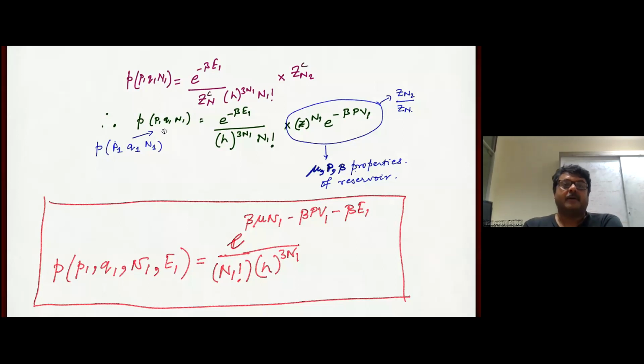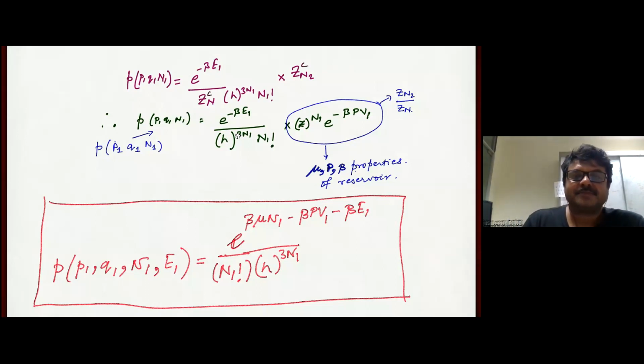With this, what we started out with is the probability that the system is in a particular microstate with P1, Q1, and N1 and energy E1, and that's e to the minus beta E1. So this is what we had.